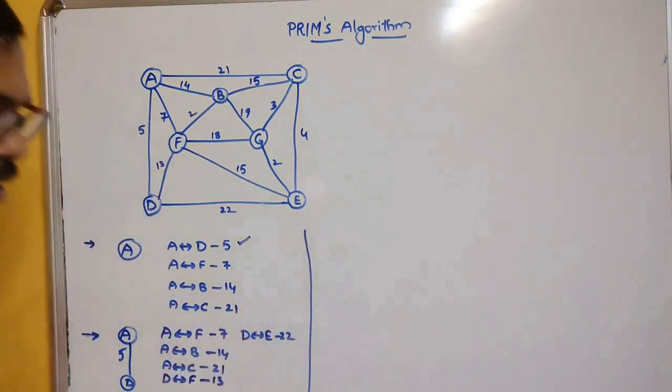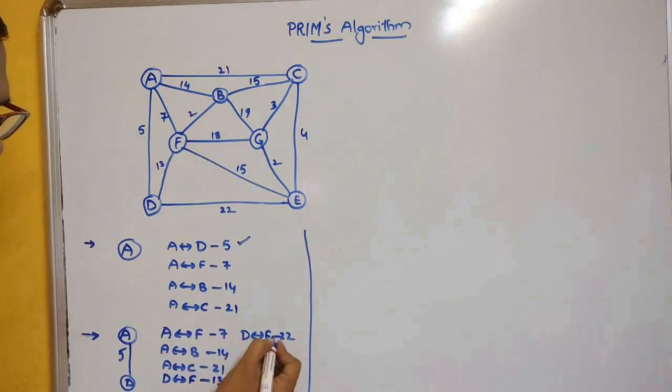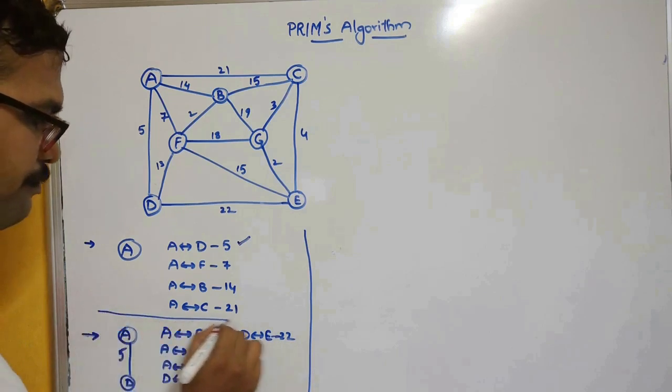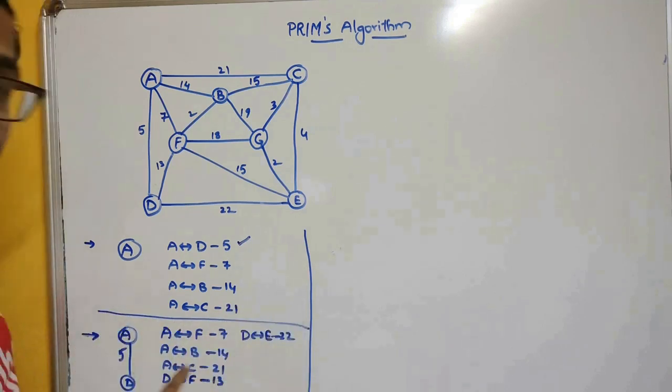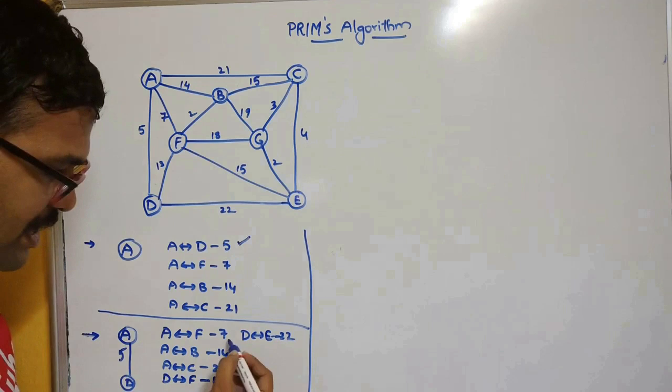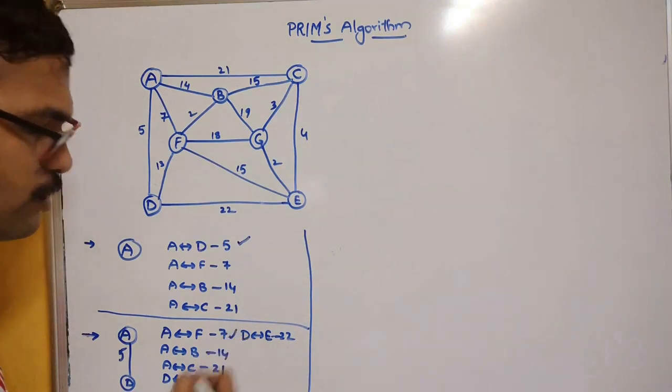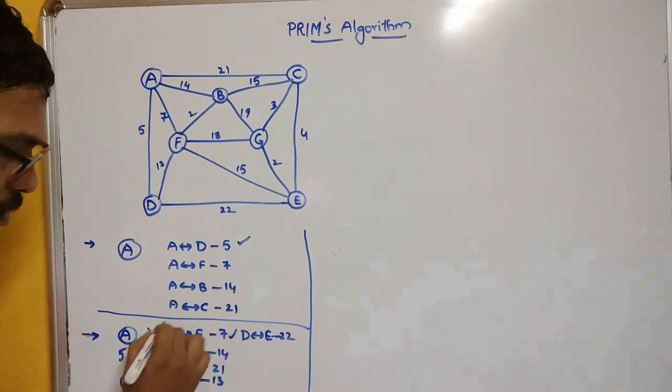So among all these edges, what is the minimum cost? 7, 14, 21, 13, 22. So this is the minimum cost, consider this one.